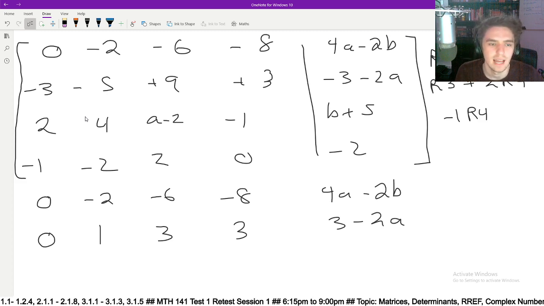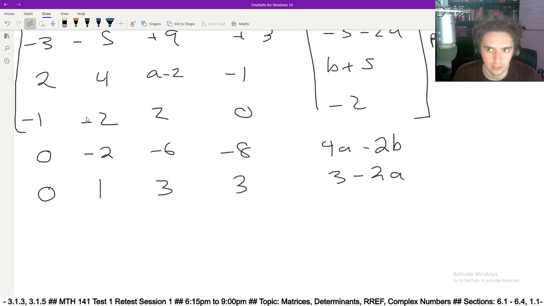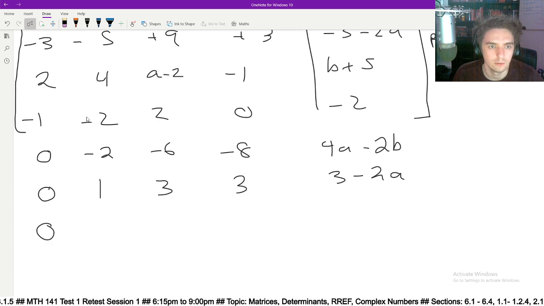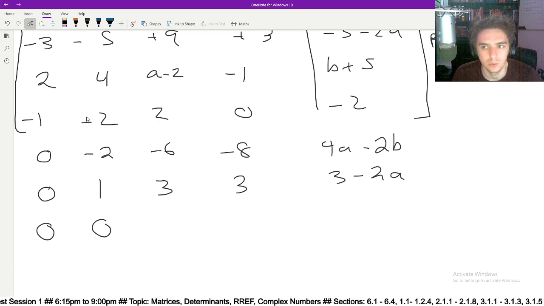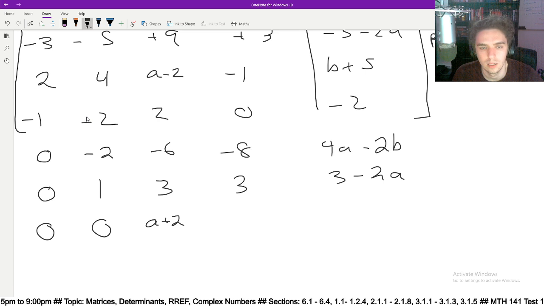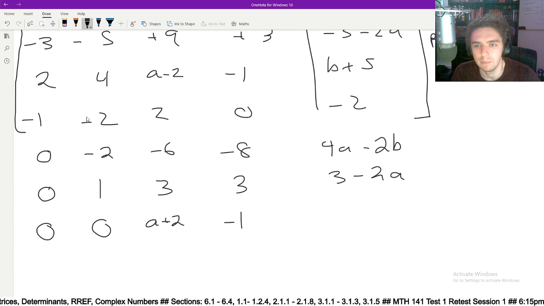Then 2 plus negative 2 is 0, 4 plus negative 4 is 0, a minus 2 plus 2 is a plus 2, negative 1 plus 2 times 0 is negative 1, and b plus 5 minus 4 is b plus 1.